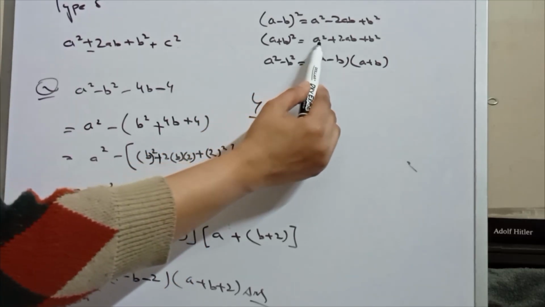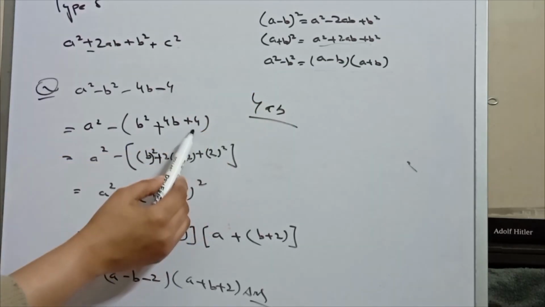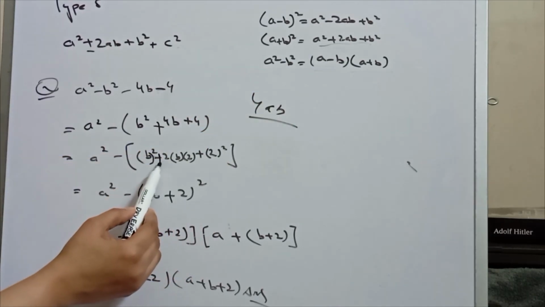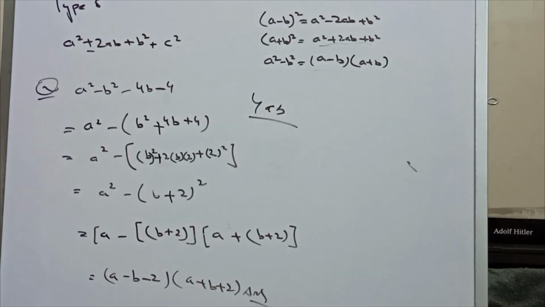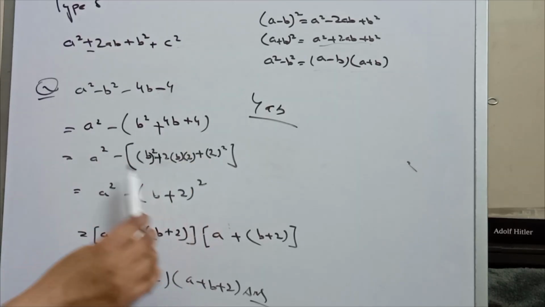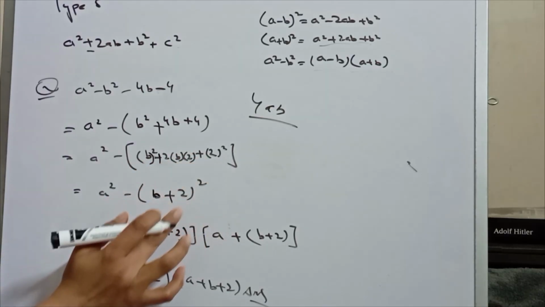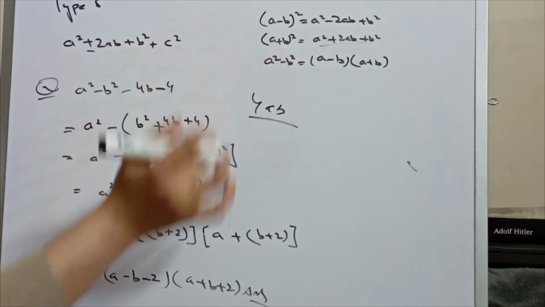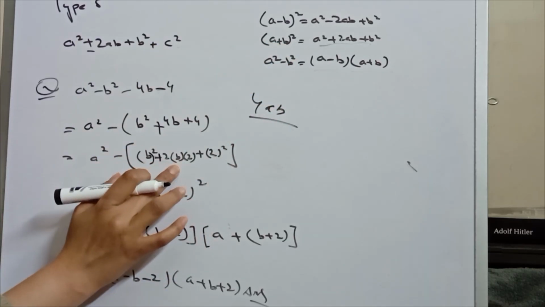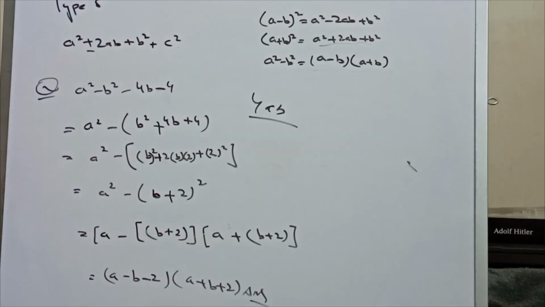I am just putting the values in this formula. 2 twos are 4, 4b. Yes, 2 square is 4, b square. Now this becomes a formula. I'll just write the left hand side right now: b square plus 2 twos are 4b plus 2 square. I can easily say (b plus 2) whole square.